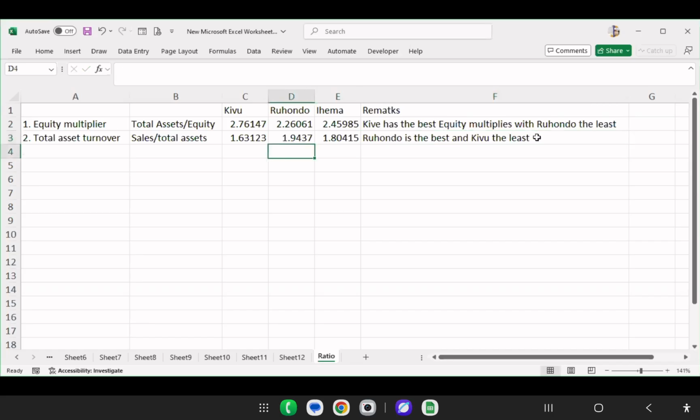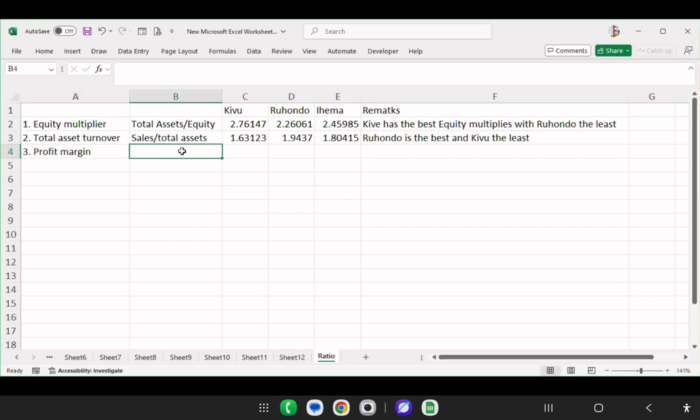Is the least. Then we have ratio number 3, profit margin. I'll have it there.